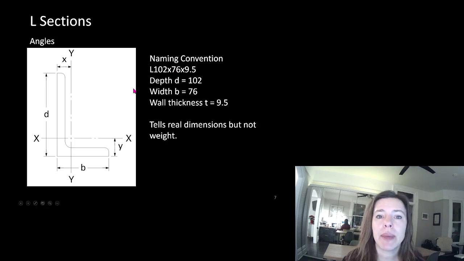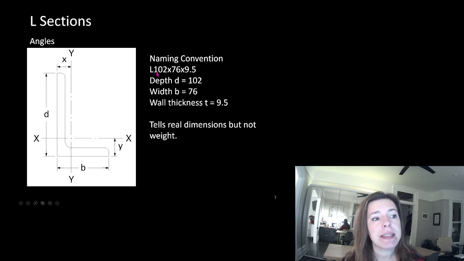But here the naming convention changes because we are putting exact dimensions in the name. So an angle, which we represent with an L, it tells us exact dimensions. So 102 by 76, and then this is the thickness of 9.5. So it tells us the real dimensions, but not weight.